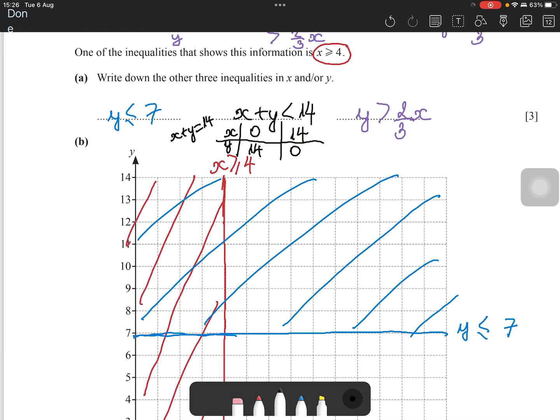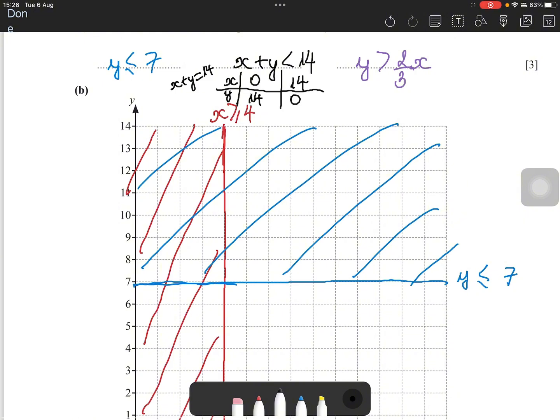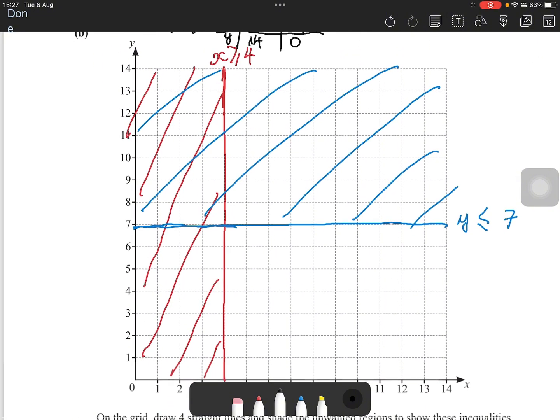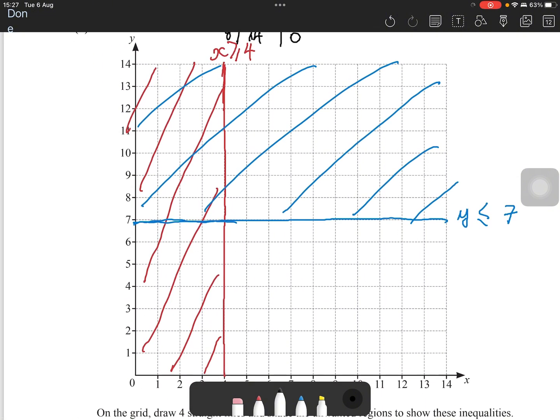Because there's no equal sign in this case, we draw a broken line. So I'll plot the point 0, 14 here, and the point 14, 0 here. So we'll join them together using a broken line because there's no equal sign.